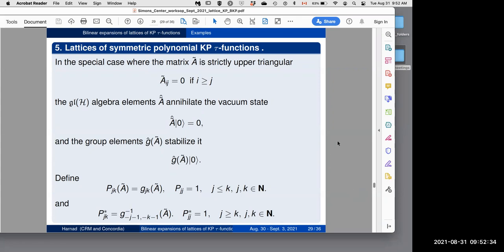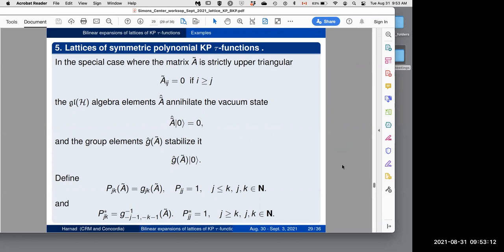This fermionic representation of the KP lattices and the BKP lattices gives a very nice explicit determinantal Pfaffian representation of all polynomial KP tau functions and BKP tau functions, by switching from the t variables, the flow variables, back to the x variables in which everything is a symmetric polynomial.